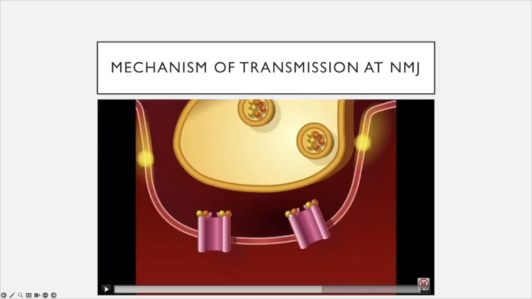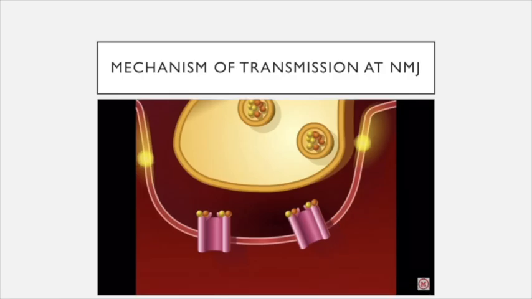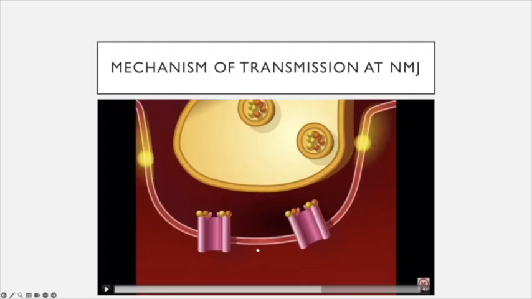So acetylcholine is central to muscle contraction, but after you get activation of the acetylcholine receptor, you also need to get activation of the sodium channels, which then leads to an action potential, which ultimately leads to muscle contraction.